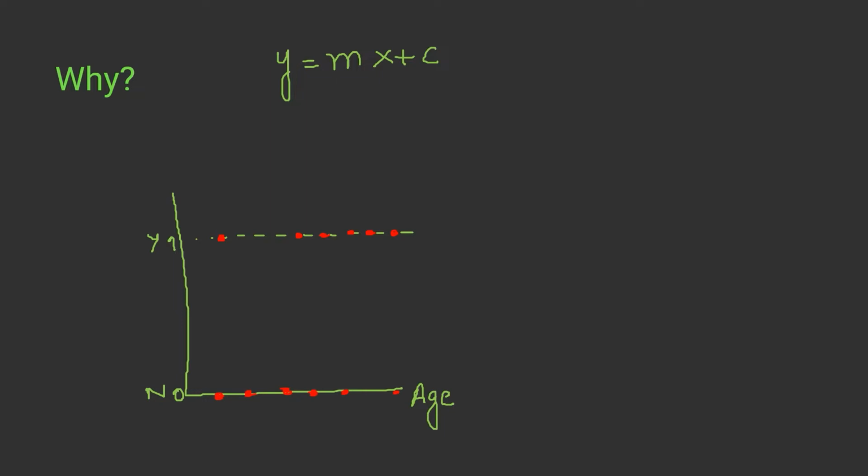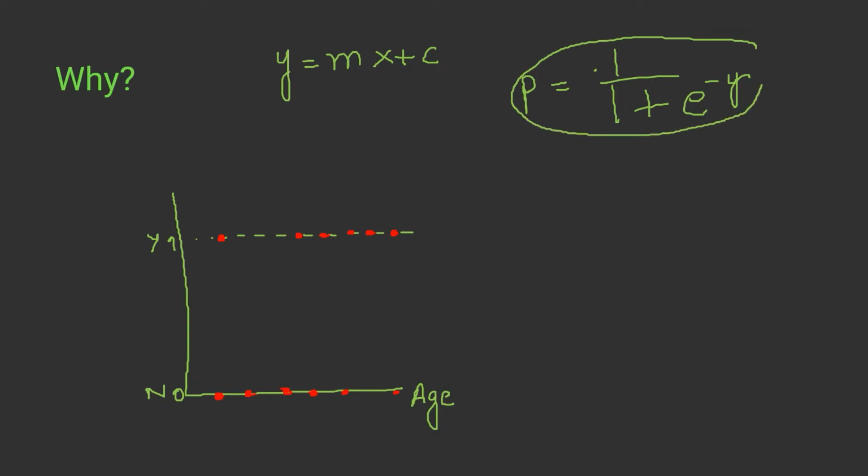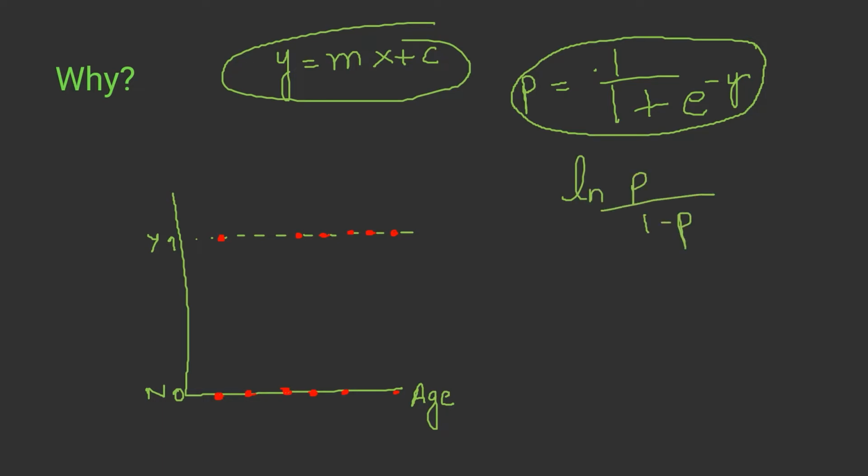How? We are given the hypothesis y equals mx plus c, right? And if I apply a sigmoid function over this hypothesis, so p equals 1 by 1 plus e raised to the power minus y. This is the sigmoid function. If I apply the sigmoid function over my hypothesis, then I will come up with the hypothesis natural log of p by 1 minus p equals mx plus c.